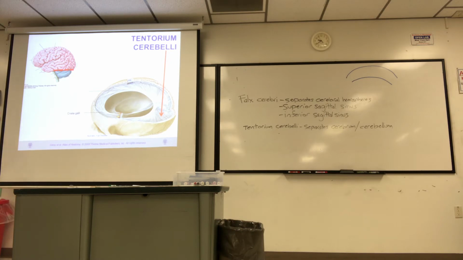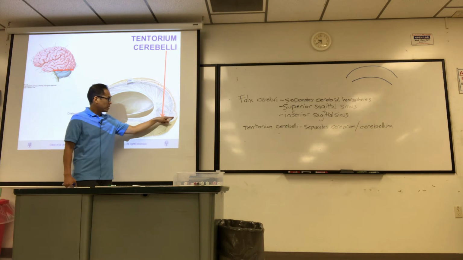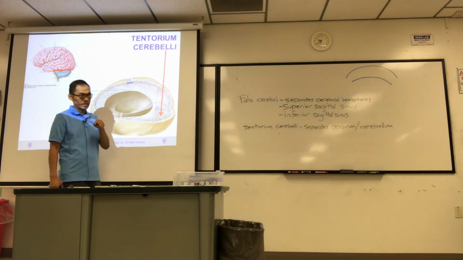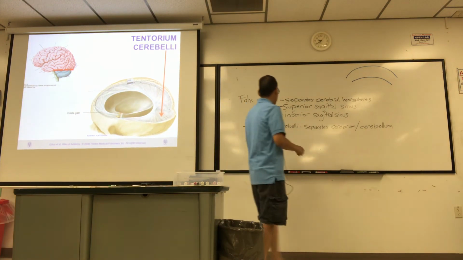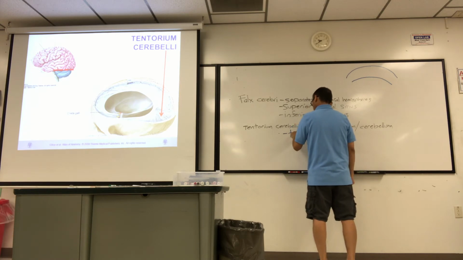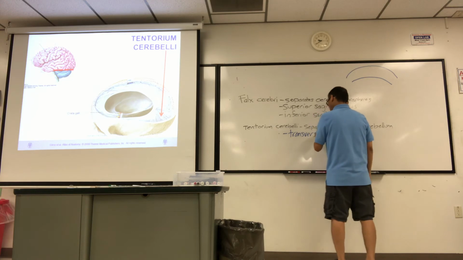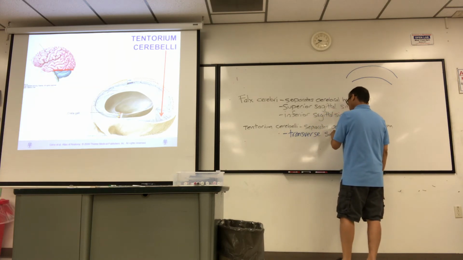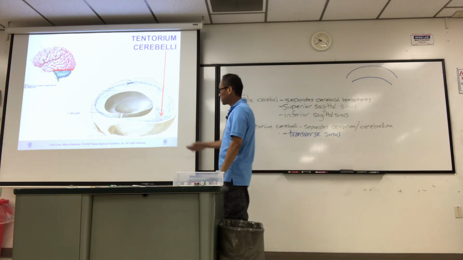Now, in the posterior edge of the skull right there, where the tentorium attaches, is going to contain a sinus called the transverse sinus, because it's in the transverse plane.